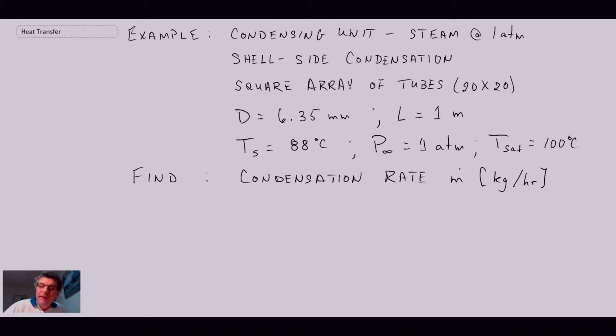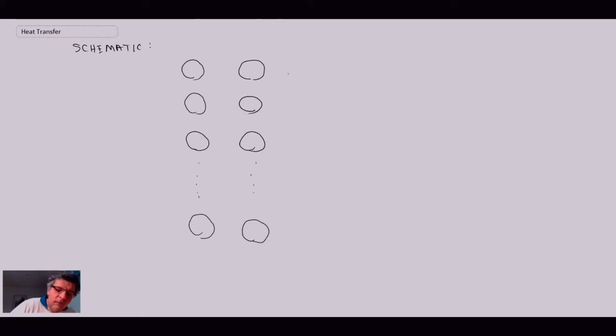So let's begin with a schematic of this problem. There we have 20 tubes in the horizontal and 20 in the vertical.